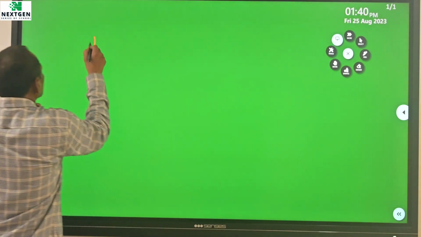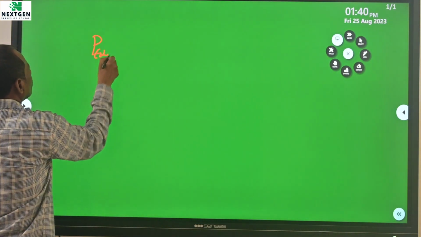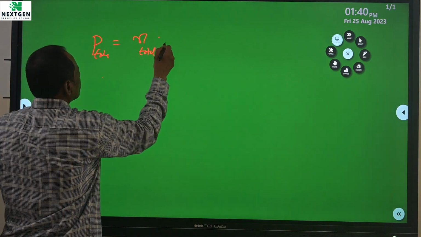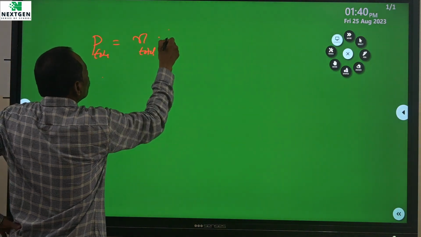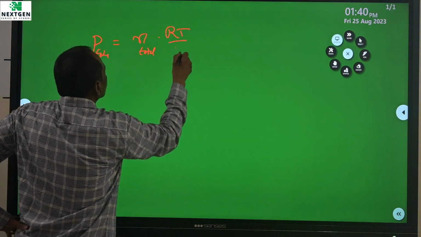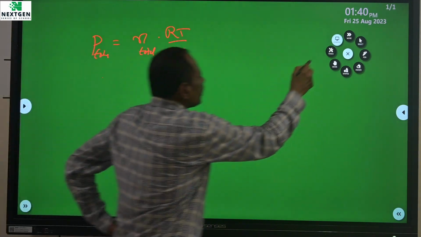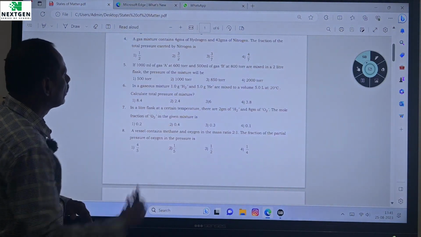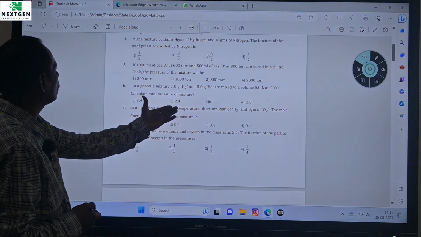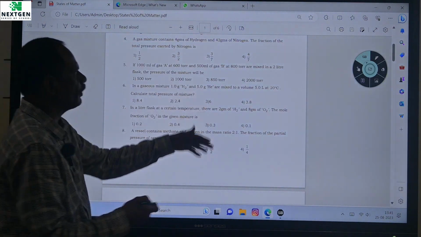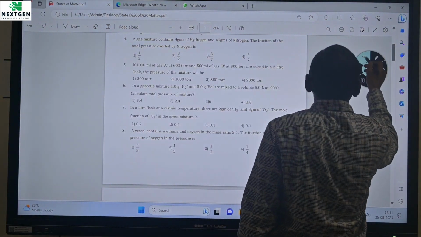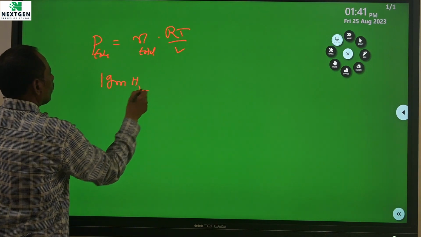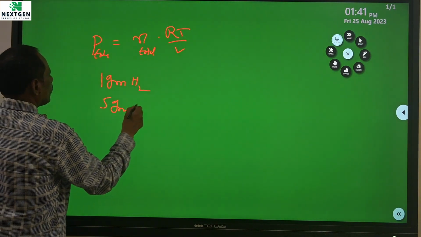We know that the total pressure of the gas mixture is equal to the total number of moles of the gases present in the mixture into RT by V. Here, how many grams of hydrogen is given? 1 gram of hydrogen, 5 grams of helium.